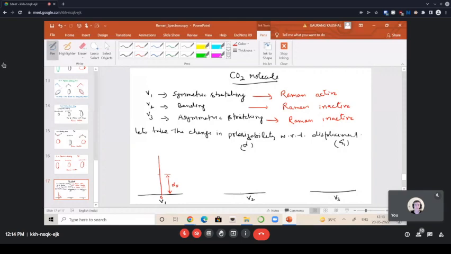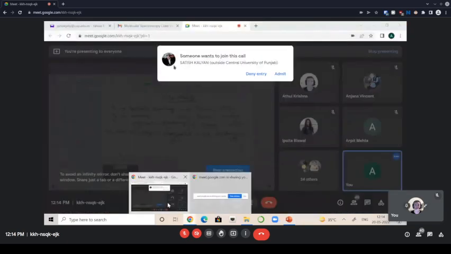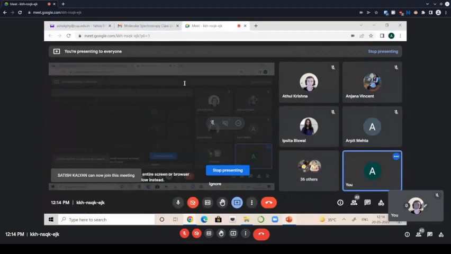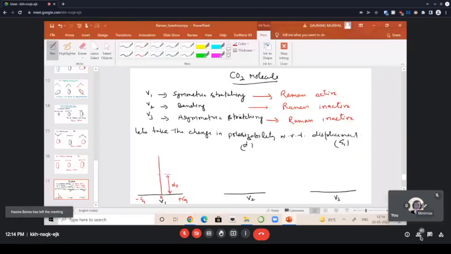This is the positive zeta, meaning a change in the positive direction, the stretching, and this is the negative zeta, meaning a change in the bond length in the negative direction. So zeta is basically a displacement coordinate.